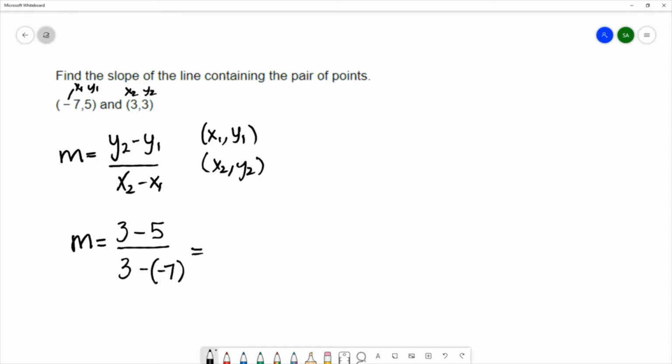So that would give me a -2 in the numerator, and in the denominator I have minus a negative, which is plus. 3 plus 7 is 10, and I'll reduce that fraction to be -1/5. So the slope of the line containing the points -7, 5, and 3, 3 is -1/5.